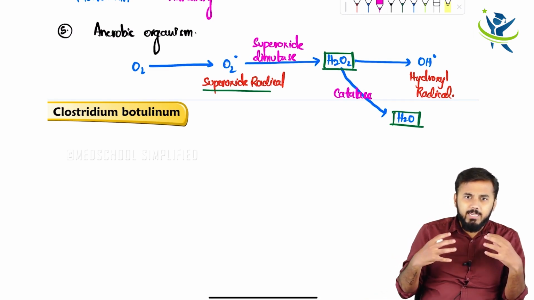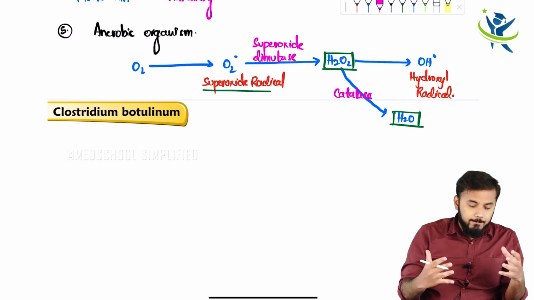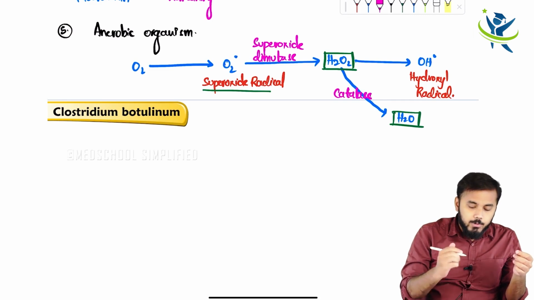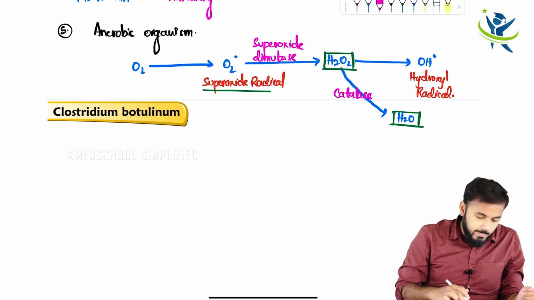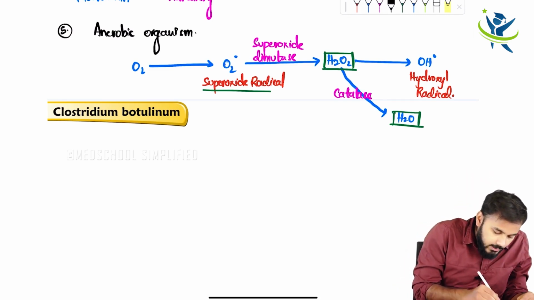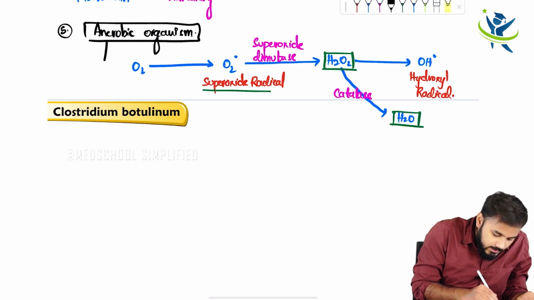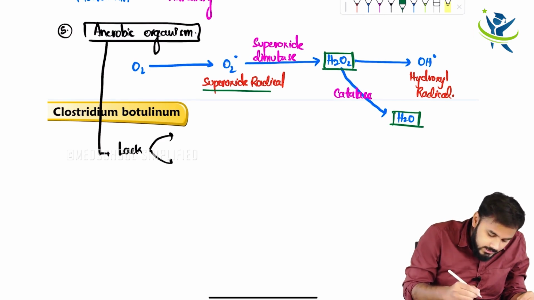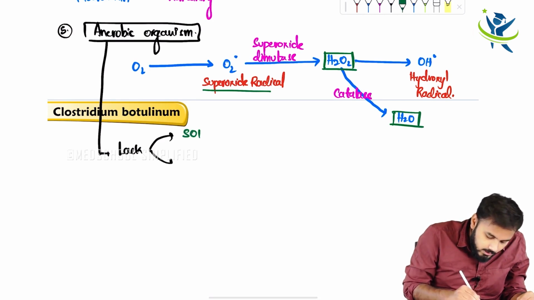My main intention here is to tell you that anaerobic organisms lack superoxide dismutase and catalase. Let me write it down. These anaerobic organisms lack two enzymes, superoxide dismutase and catalase.